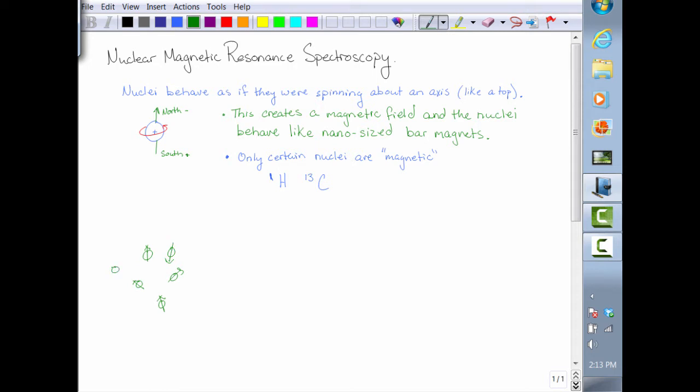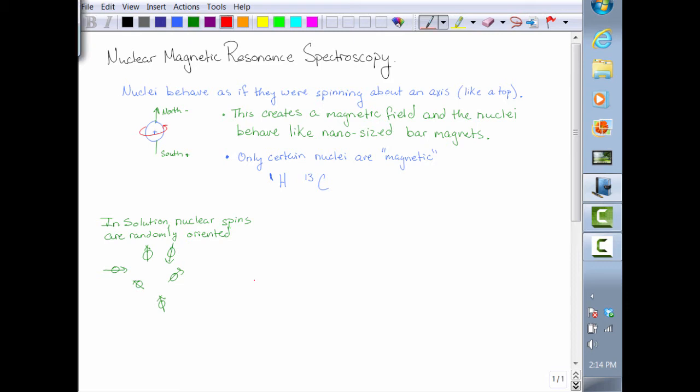Some of them are up, some of them are down, some of them are sideways. So they're randomly oriented, and that's in fact why most materials are not magnetic, because their magnetic poles are random. They don't all go in the same direction, unless you apply a magnetic field.